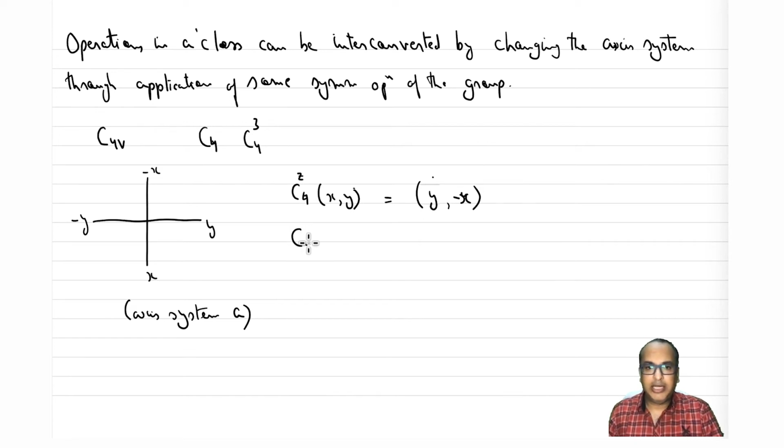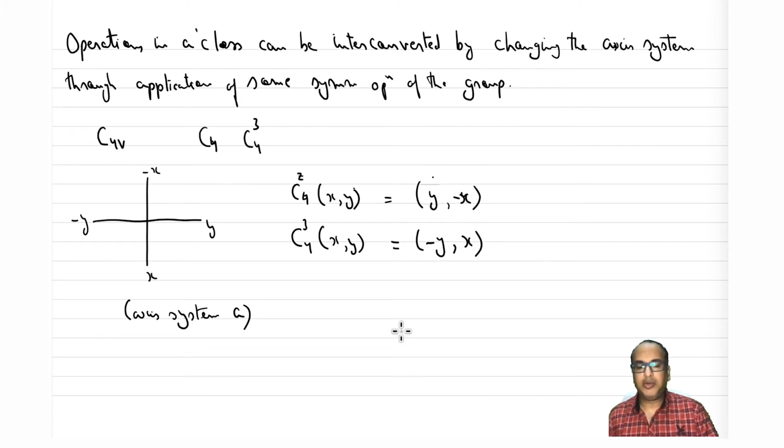Now similarly, what is the effect of C4 cube on xy? C4 cube will be a 270-degree rotation, right? So x goes to minus y and y goes to x. Now let us say we change the axis system by one of the elements, which is sigma d1, this is the plane sigma d1.